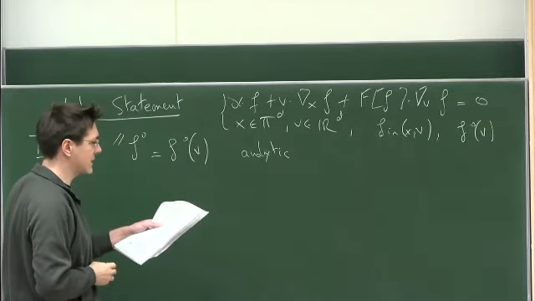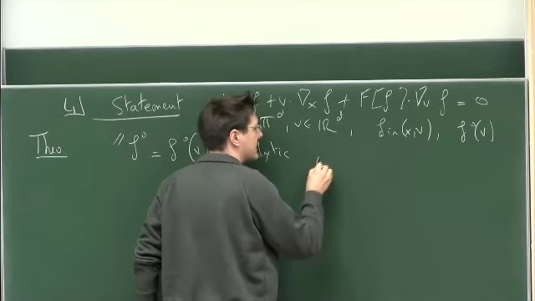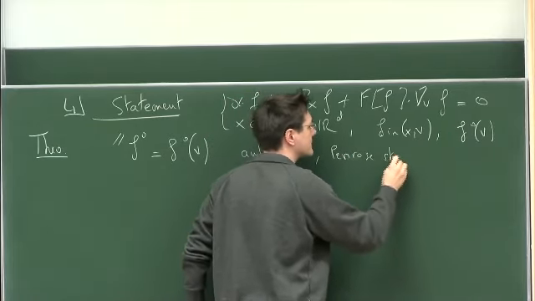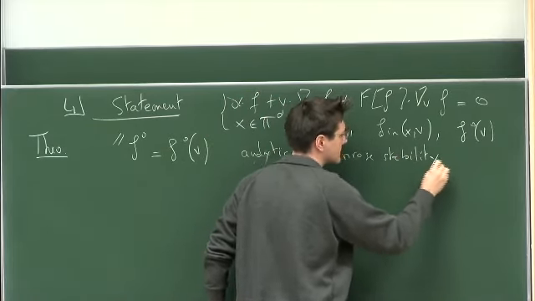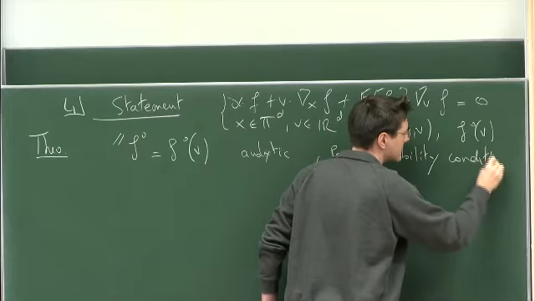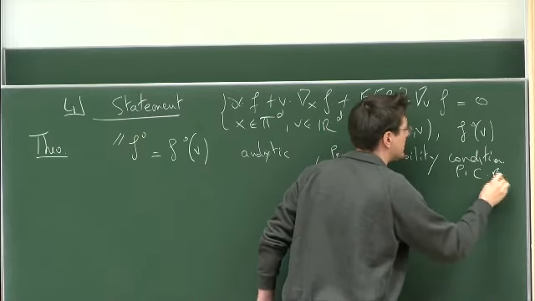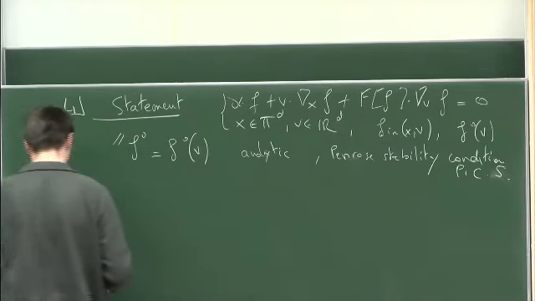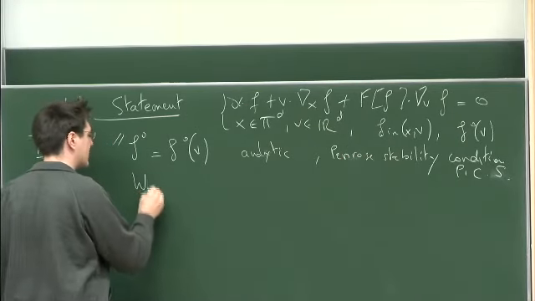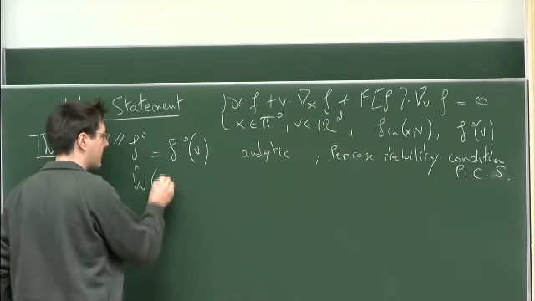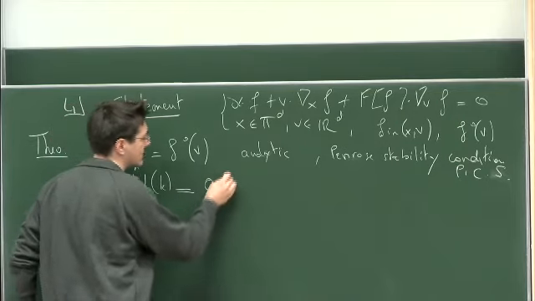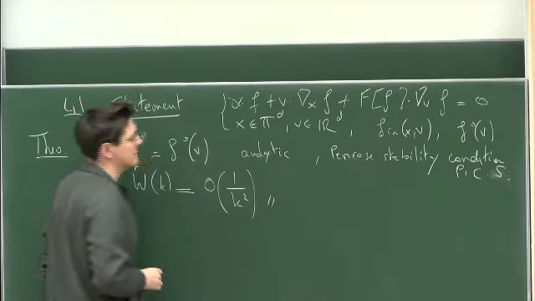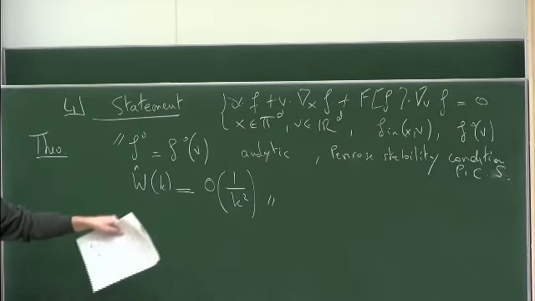You have a stationary analytic profile satisfying Penrose stability condition, which I will denote by PCS, sorry. And an interaction potential satisfying that it's no more singular than Coulomb or Newton, which writes in frequency space like this.